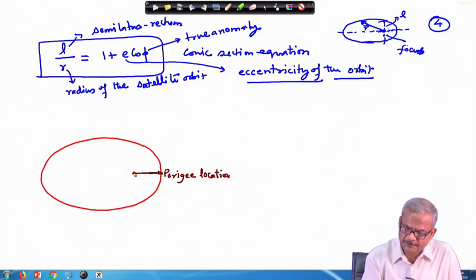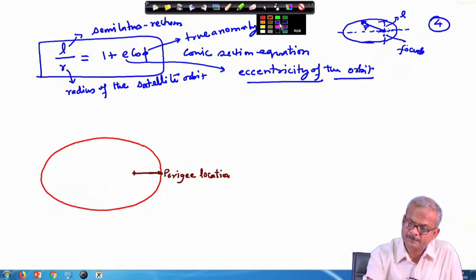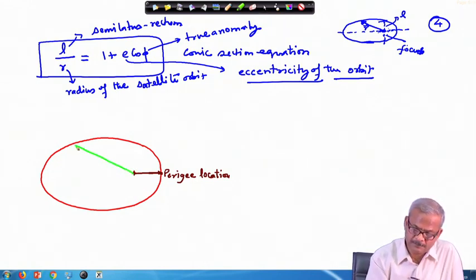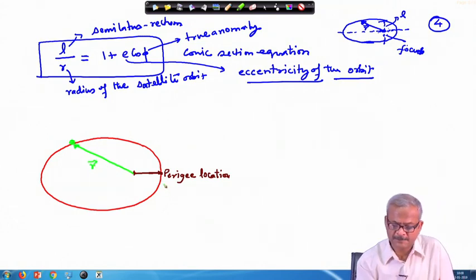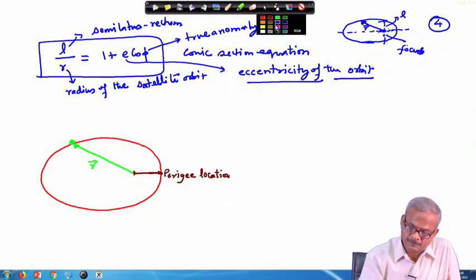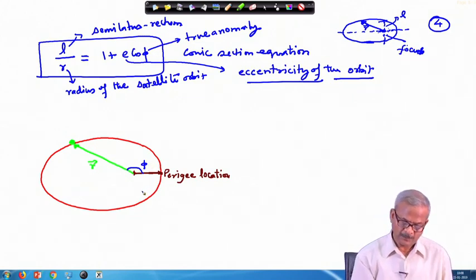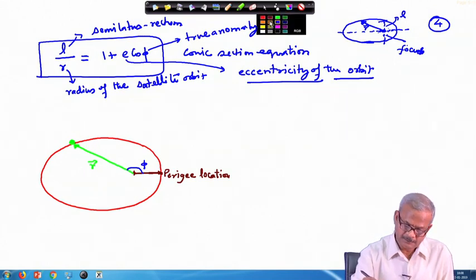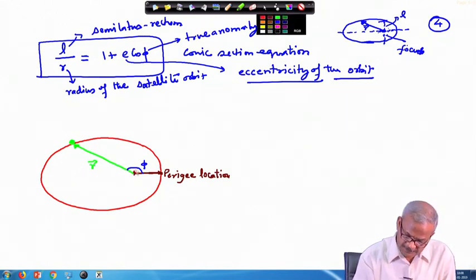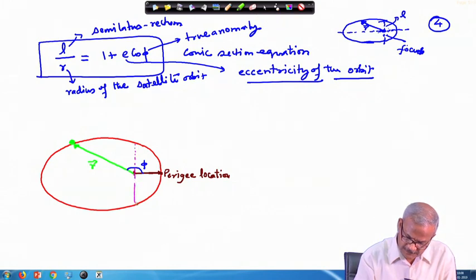So, distance from here to here, okay, this is the shortest distance, and then we have the radius vector. So, the satellite is located here in this place. This angle we show as phi. So, we have written this as the true anomaly, okay. And of course, your L, this is the distance vertical to this. So, either up or down, this distance is your L. From this place to this place, this is L.